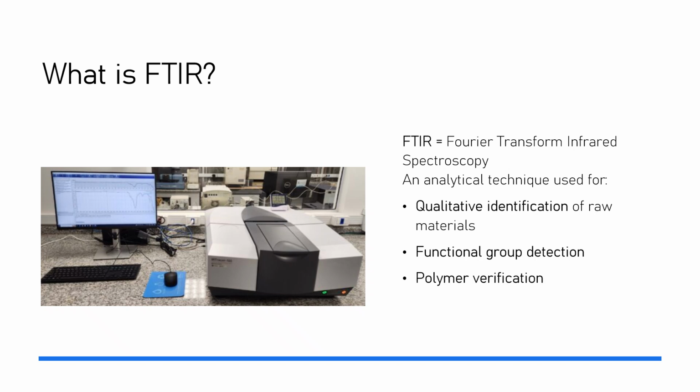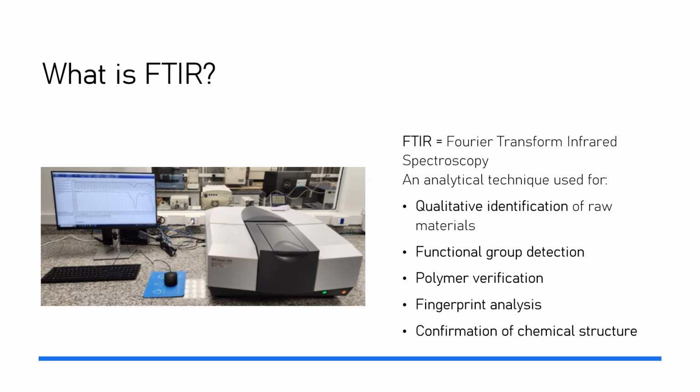Third one is the polymer verification. So FTIR quickly verifies polymers by comparing their characteristic spectral patterns. Next is fingerprint analysis. Every compound has a unique FTIR fingerprint, which is used to confirm identity and purity, right? Next one is the confirmation of chemical structure.